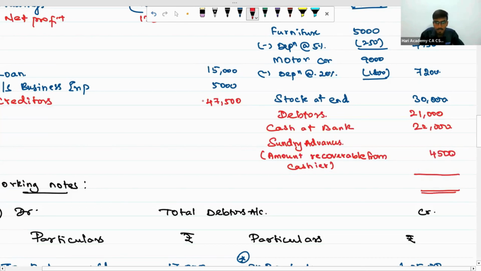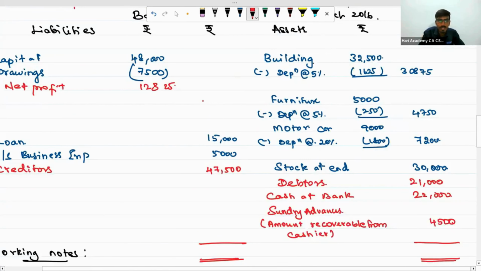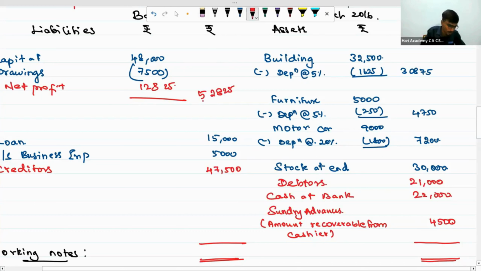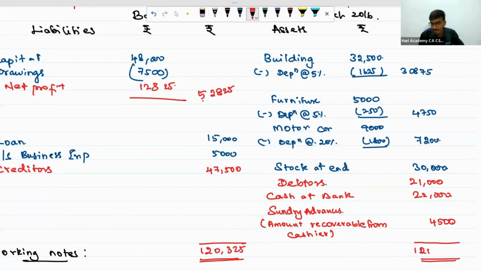Now we are just going to close our balance sheet. 48,000 plus 12,325 minus 7,500 will give you 52,825. 52,825 plus 15,000 plus 5,000 plus 47,500 will get 1,20,325. Okay, same, put it like this, 1,22,325.